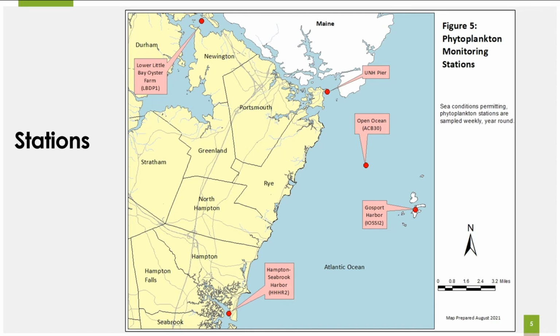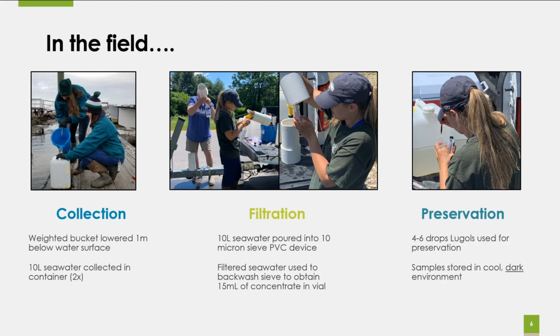We try to do these year-round every week. Offshore, I've got to say right up front, that does not happen. We get out there as much as we can, but the sea conditions, especially in the winter, definitely don't allow that. But the sites that we can sample by land, HHHR2 and UNHPR, we do sample every week throughout the year.